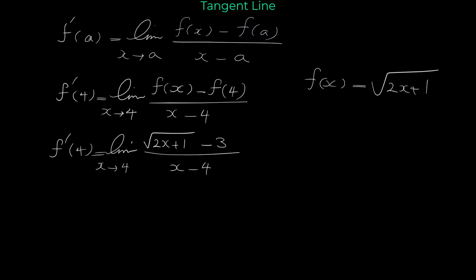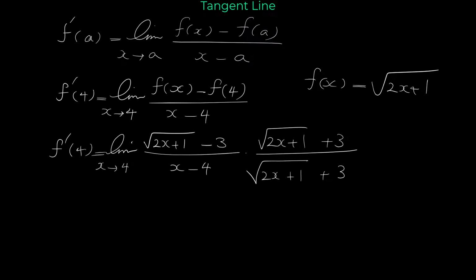If you remember from the techniques that we have learned in limits, when we have limits involving radicals, for finding these types of limits, where you have a radical minus something in the numerator, we multiply numerator and denominator by the conjugate of the expression.